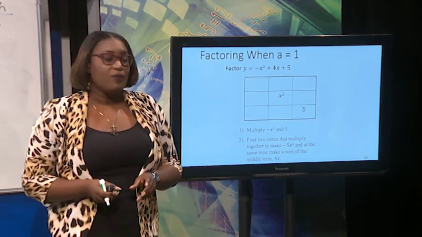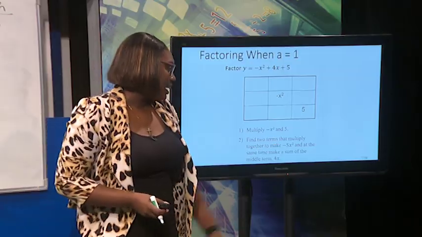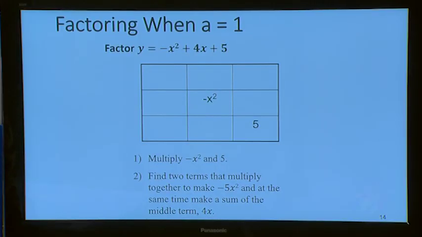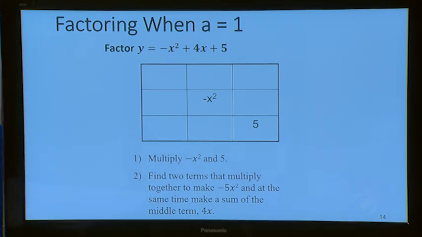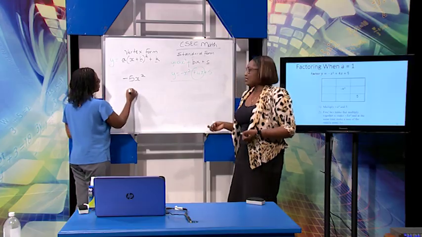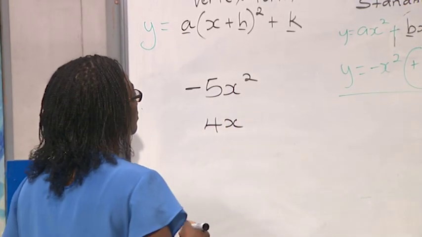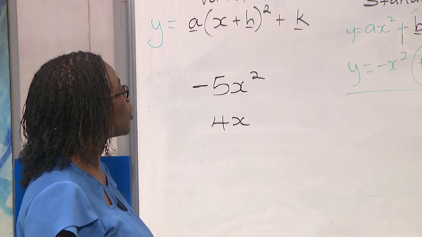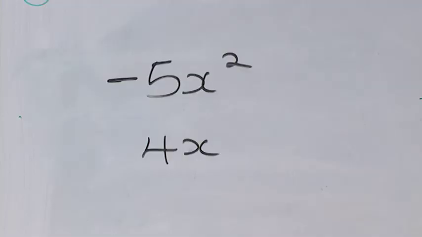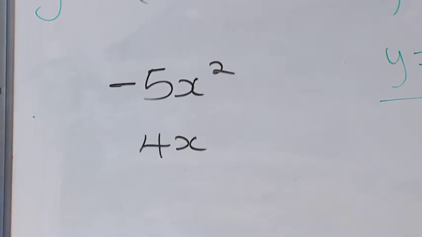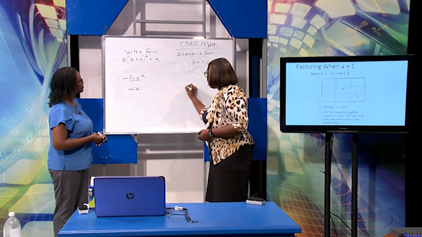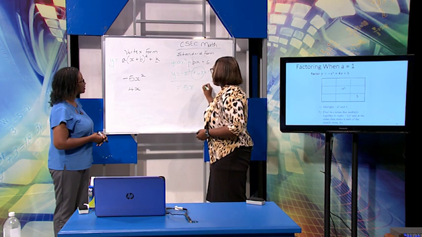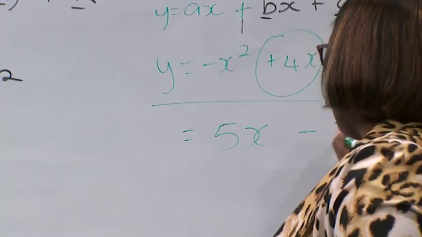We need to find two factors that, when we multiply them, we get negative 5x squared, but when we add them, we get our bx term, which is 4x. Okay, Brittany, these two factors look like 5 and negative 1. So these factors could be 5x and negative x.